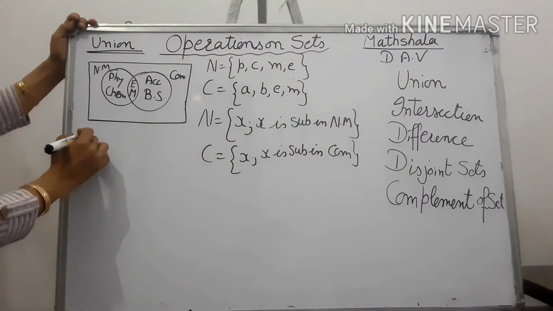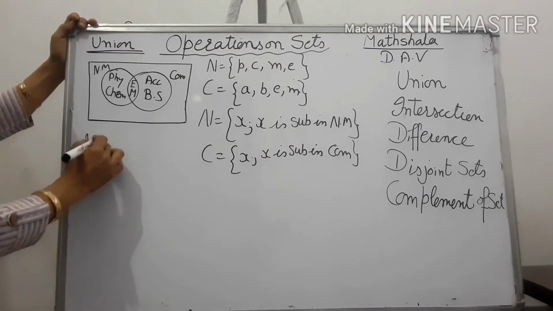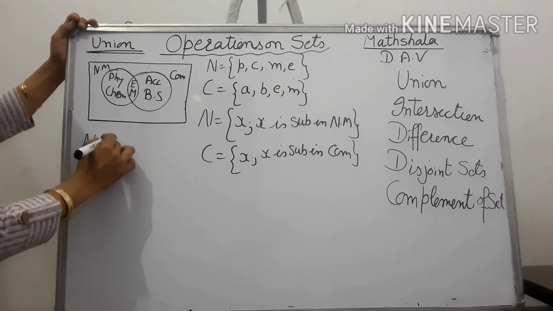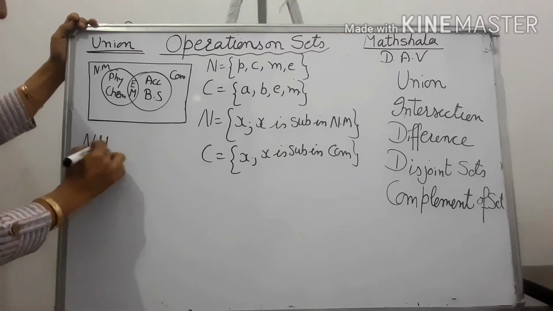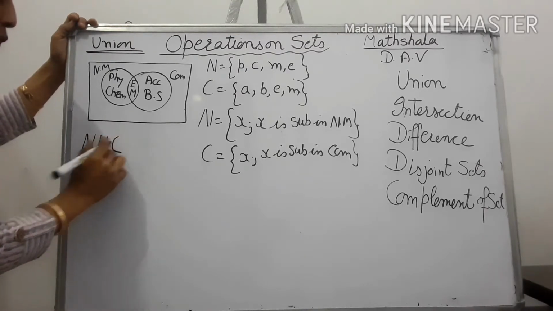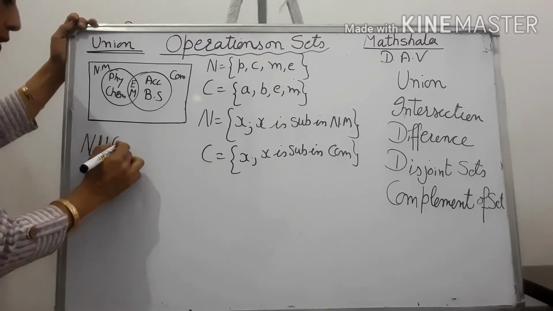Now, what is the union of two sets? This upside-down U stands for intersection, and this straight U stands for union. So, what does the union of these two sets represent?